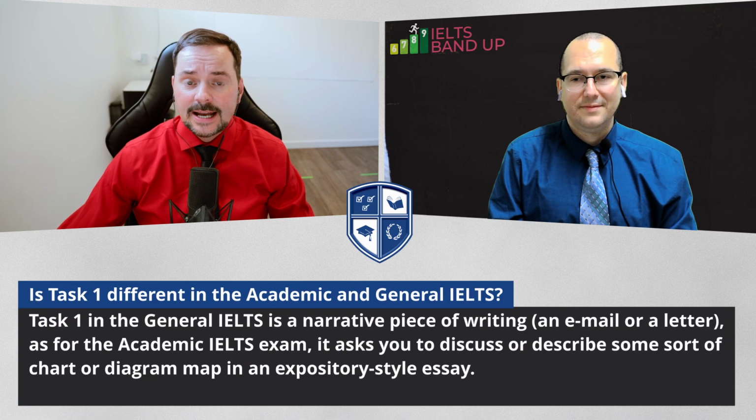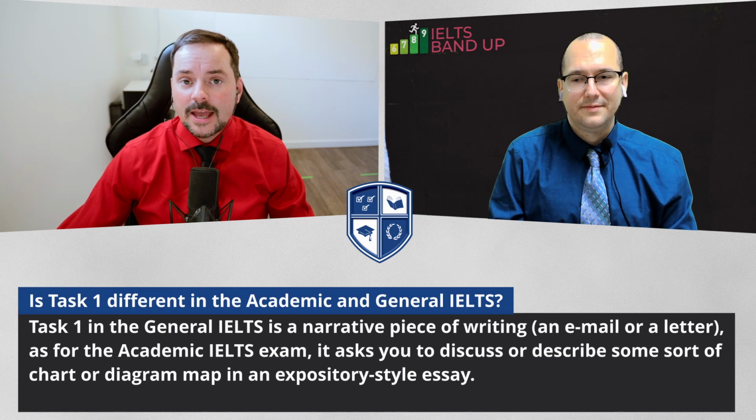Now, task 1 in the general version of the exam is a narrative piece of writing, an email or a letter, whereas in the academic version of the exam, it's having to discuss and describe some kind of chart, diagram, or map in an expository style essay.